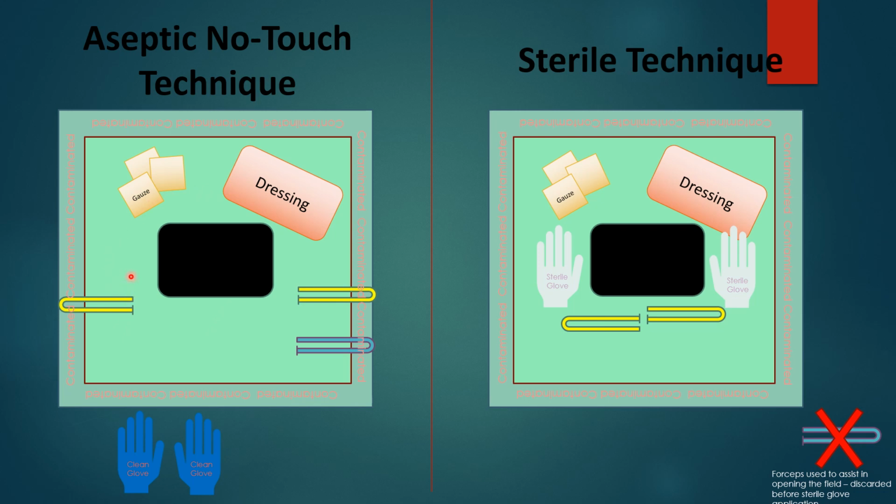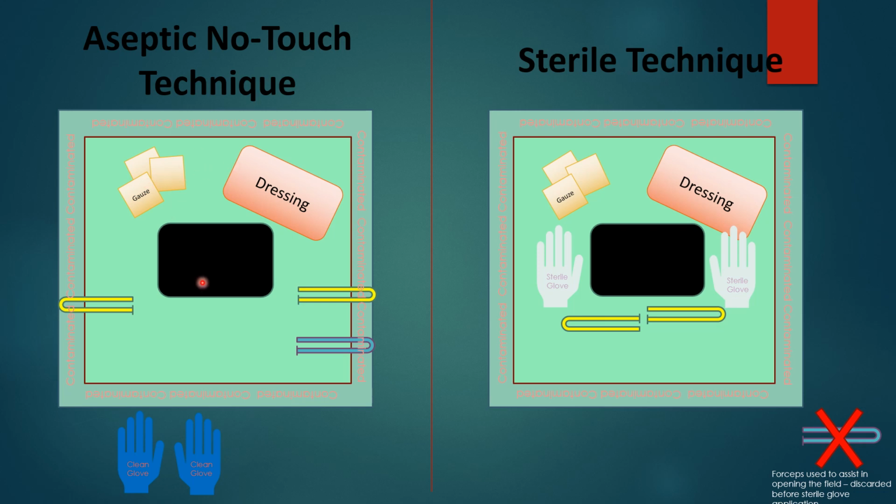Why are they half in the contaminated, half in the sterile area? That is because we are using clean gloves. We're using the blue nitrile or the bedside gloves. So when we touch the outer aspects, or when we pick up our forceps, the areas that we touch are no longer considered sterile. But we did not touch the tips, so the tips are still considered sterile, which can then touch the gauze, the dressings, and the dressing tray.